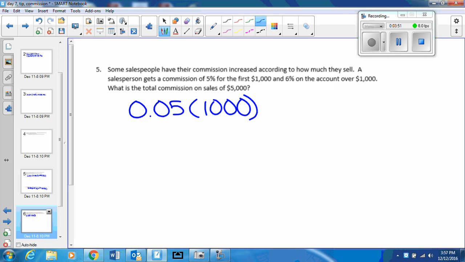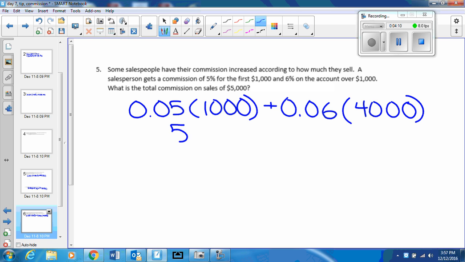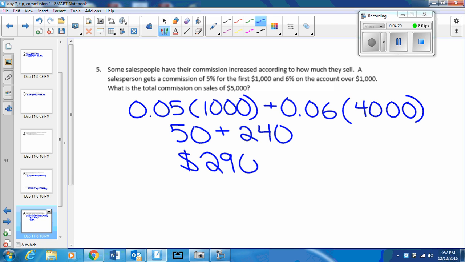So I multiply 0.05 times 1,000 plus 6% of the amount over 1,000, which would be $4,000. Multiplying those out, I get $50 plus $240. So the total commission amount would be $290.